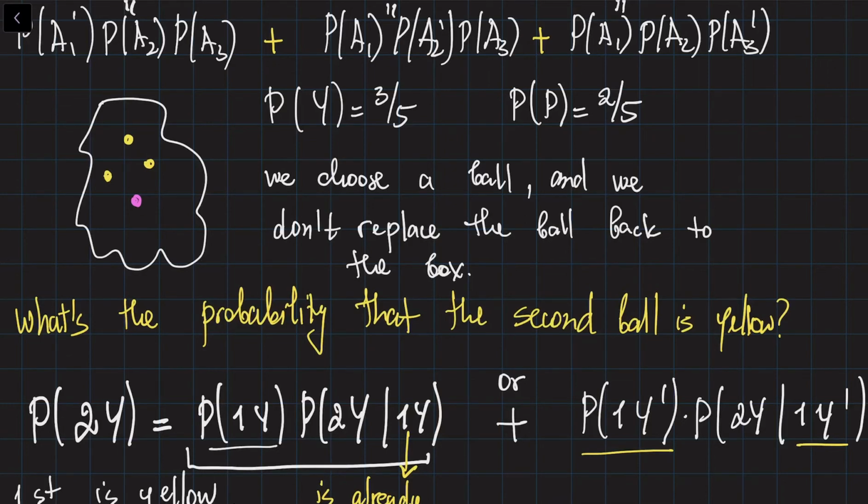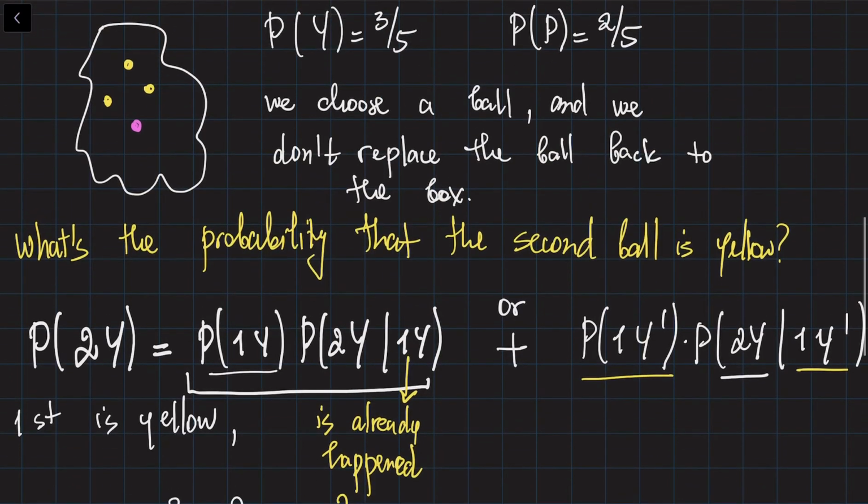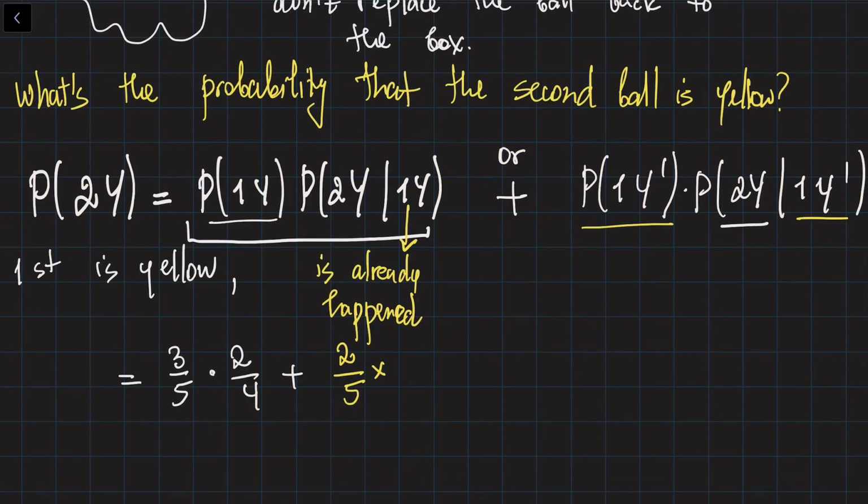Now inside the box we have only 4 balls and only 3 of them are yellow. So what is the probability that the second ball is yellow if you know that the first one is not yellow? It's going to be 3 over 4, right? We multiply this by 3 over 4, and we can calculate the probability. In this case, it's going to be 6 over 20 plus 6 over 20, or 12 over 20.